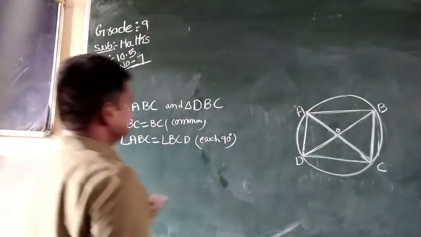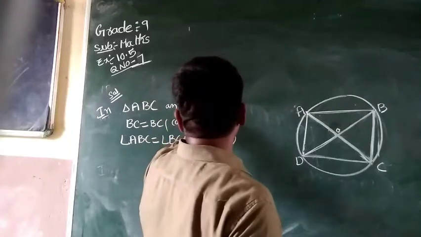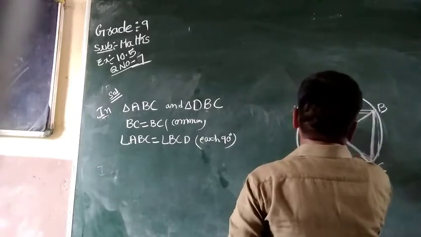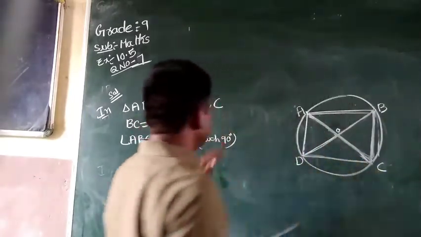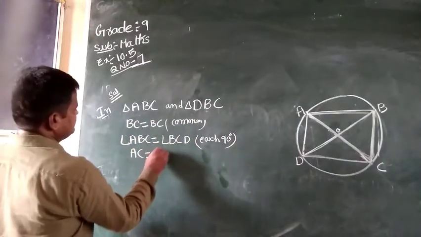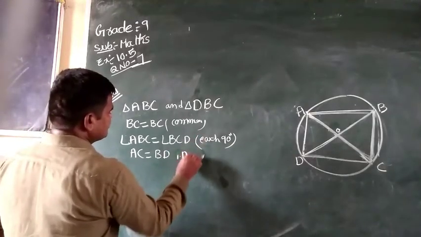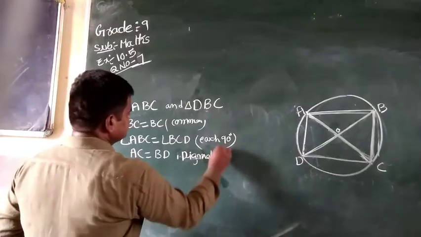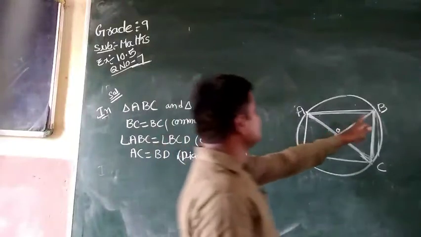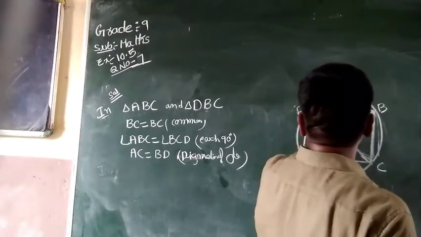And also AC equals BD, since the diameters of a circle are equal. So we have a right angle, hypotenuse, and a side.